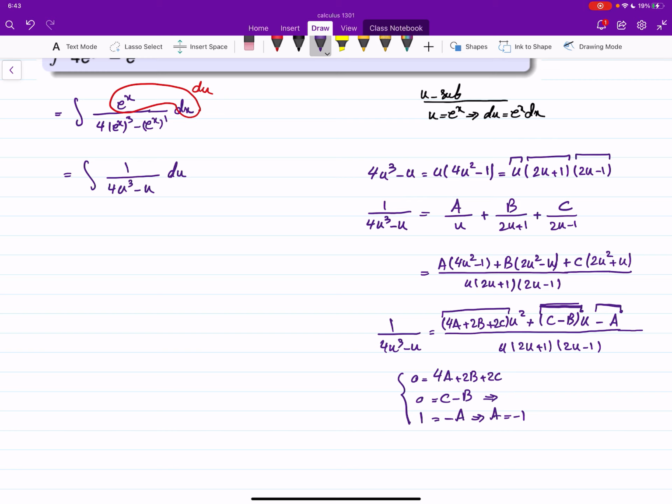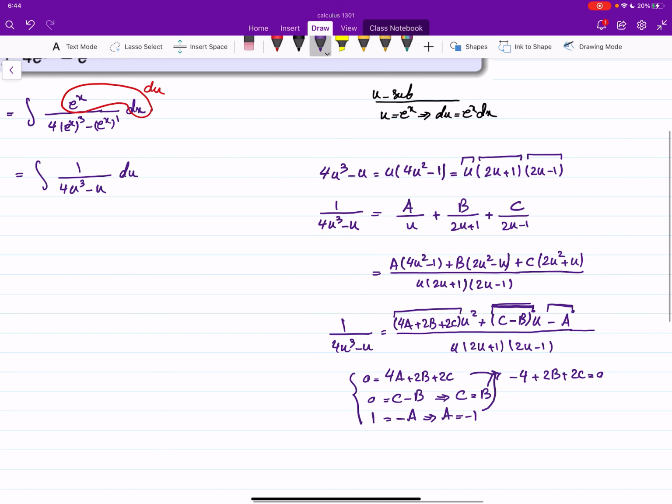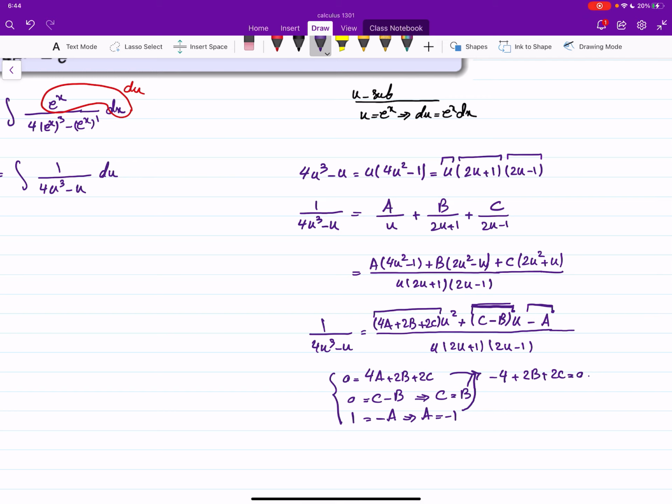From this we conclude that c and b must be equal, and if we plug these two into the first equation, what we will get is that minus 4 plus 2b plus 2c must be equal to 0. Instead of c I can put b as well.